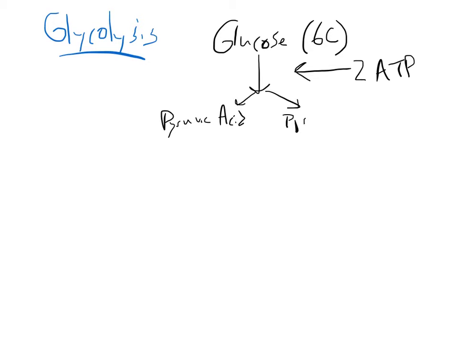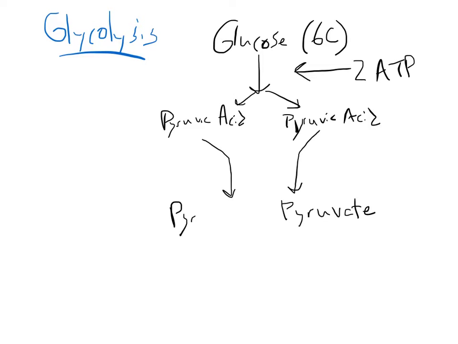But that will be an unstable molecule that we can then break into 2 pyruvic acids. Then, the next step will convert pyruvic acid into pyruvate, which is what we're hoping to generate by the end of glycolysis.